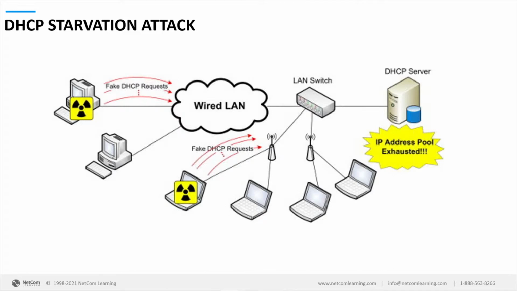But I've also seen the inverse, where someone puts in a new, say, Wi-Fi repeater that has a DHCP server built into it, but is giving out a different range of IP addresses, and the user is complaining all the time that the IP address keeps changing. Okay?